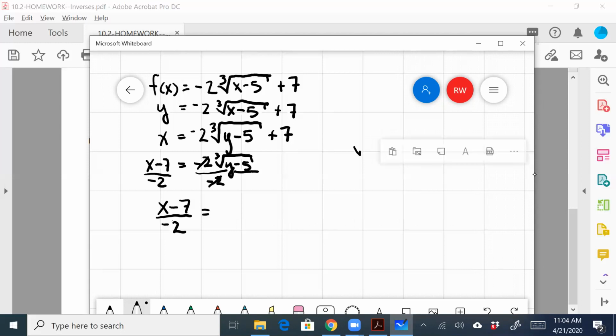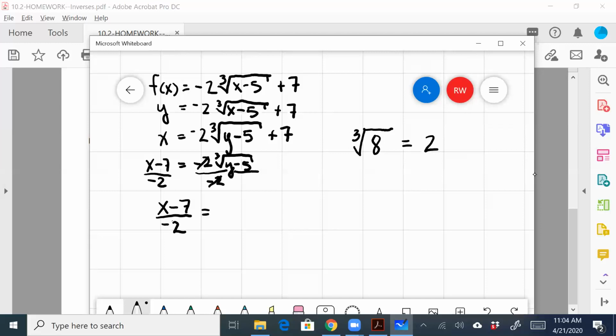The cube root of 8 is 2. Why? Hmm. I have no idea, because this is a new one for me.